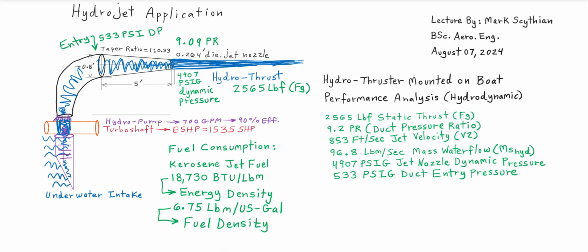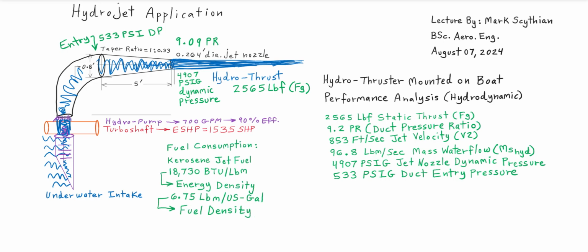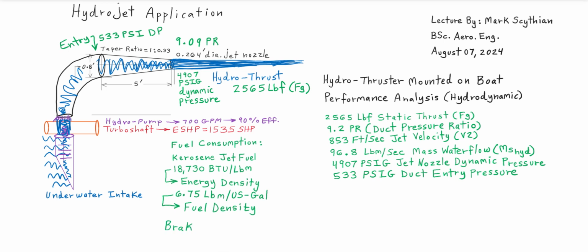And that is like JP4, JP5, JP8. It's approximately the energy density and fuel density values. And then the brake thermal efficiency of just about any gas turbine engine is 40%, whereas gasoline it's about 30%.